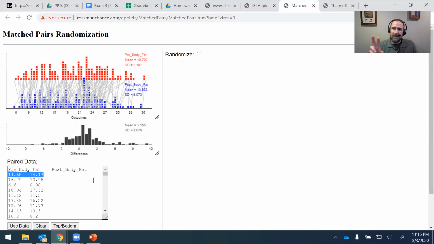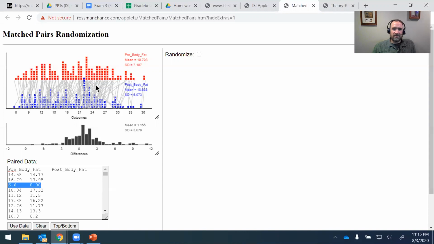So they're paired, in that we feel like that student had the same experience over the semester, and the pre and post values are connected to each other because they come from the same student. So it wouldn't make sense to imagine pre-body fat as being one group and post-body fat being a totally independent group, because each pair of numbers comes from an individual student.